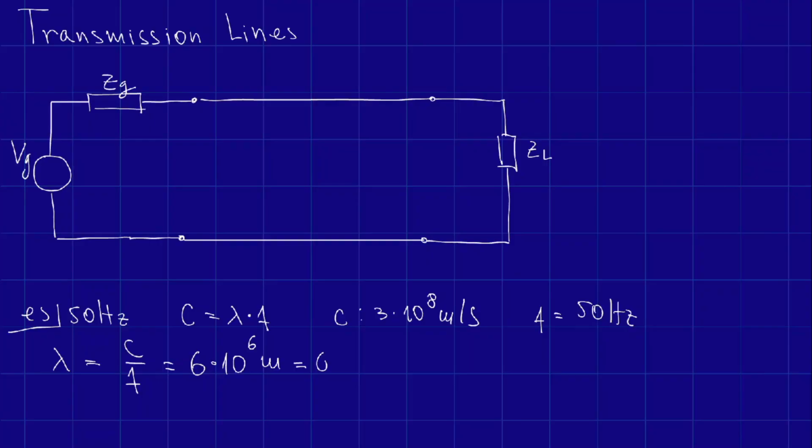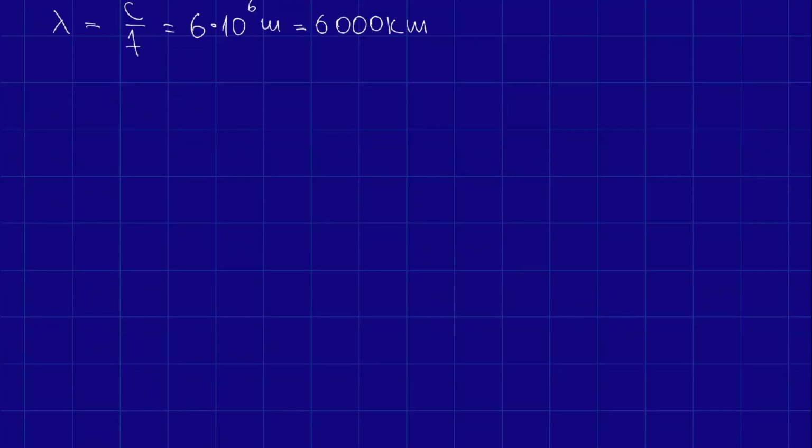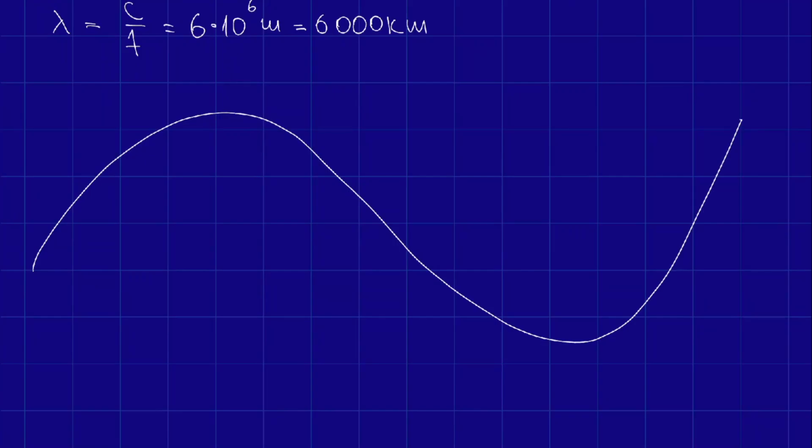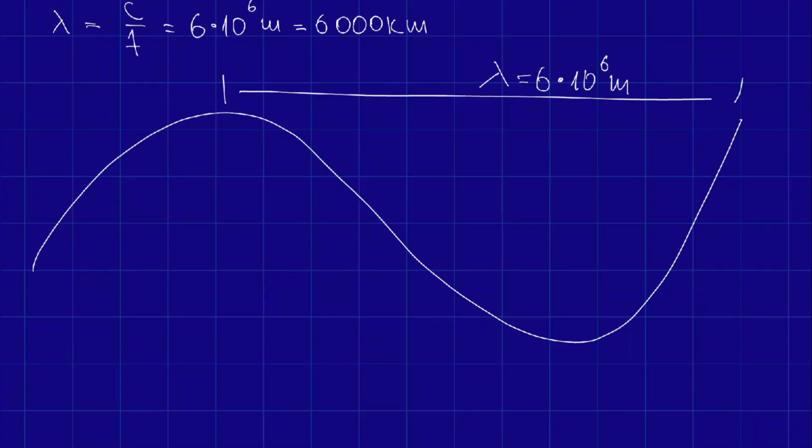That is 6,000 kilometers. Now, let's say that we want to draw this big wave that is 6,000 kilometers. So we'll just draw a big wave. And we can see that this right here is the wavelength, which is 6 multiplied by 10 to the 6 meters. And basically what we're saying is that this wave is in our circuit.